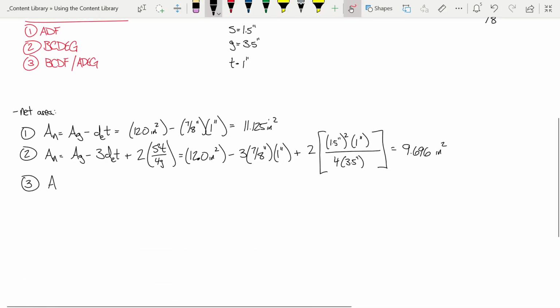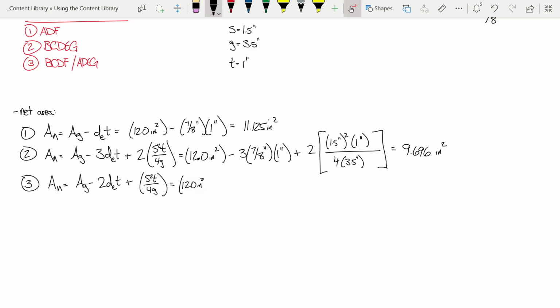So, what does this one yield? 10.411. Do I have a second on that? Okay.